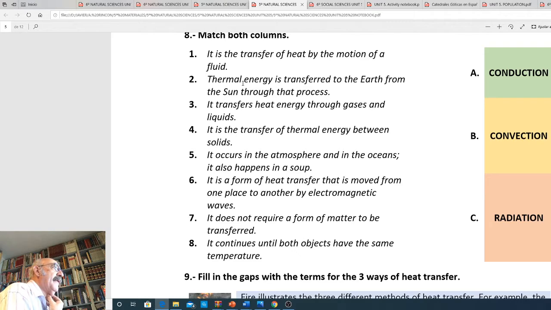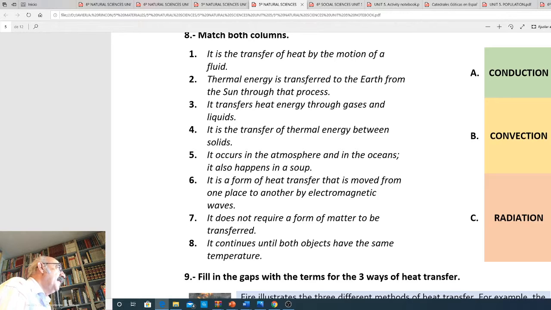So number 1. It is the transfer of heat by the motion of a fluid. You have to choose between convection, conduction and radiation. What do you think? Transfer of heat by the motion of a fluid.